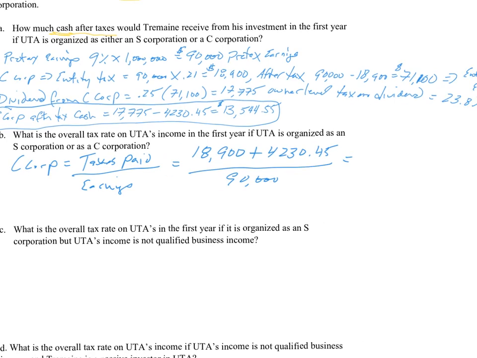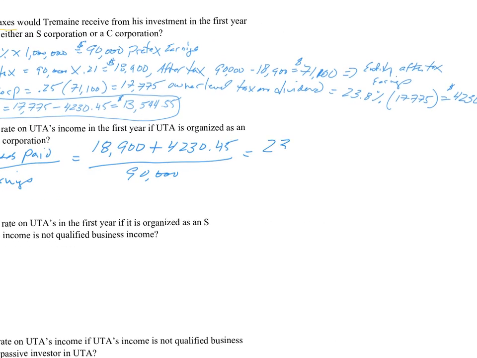So that gives us 23,130.45 over 90,000. And so that gives us 25.7% if we do just a little bit of rounding.